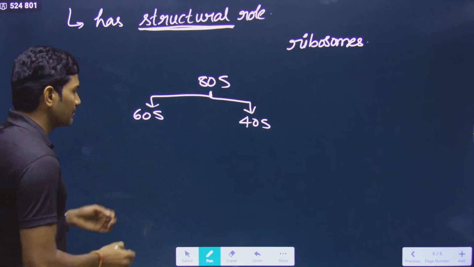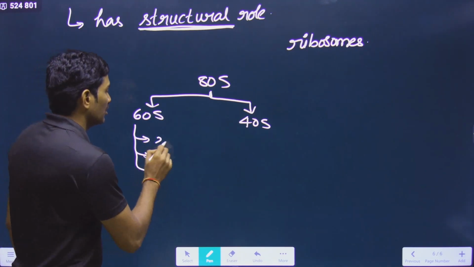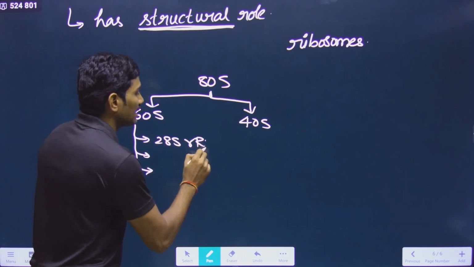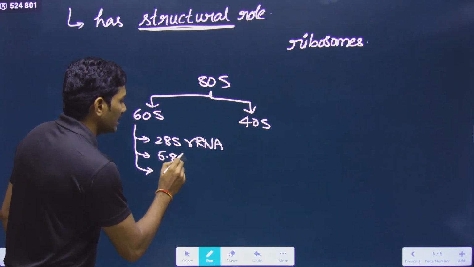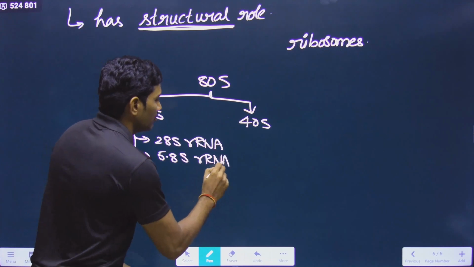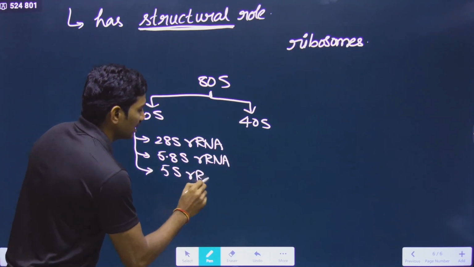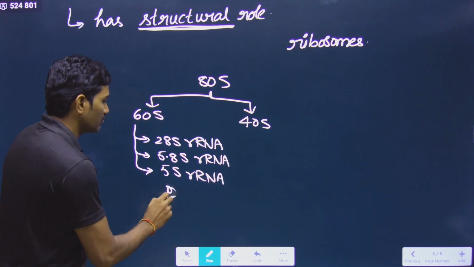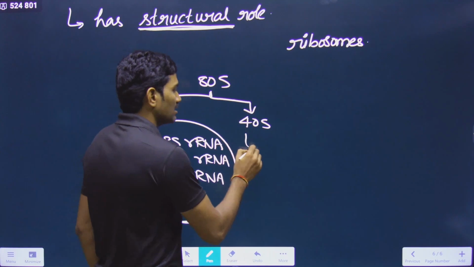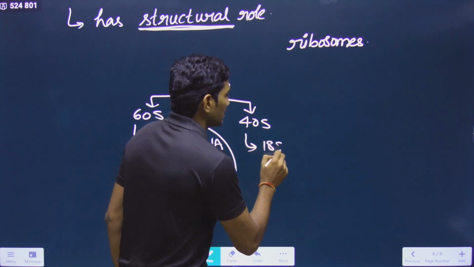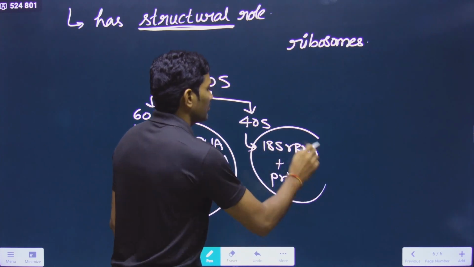The larger subunit 60S has three types of rRNAs: 28S rRNA, 5.8S rRNA, and finally 5S rRNA, and along with some proteins it forms the larger subunit. The smaller subunit has 18S rRNA plus some proteins, and they form the smaller subunit.